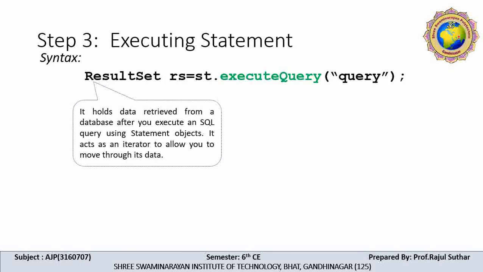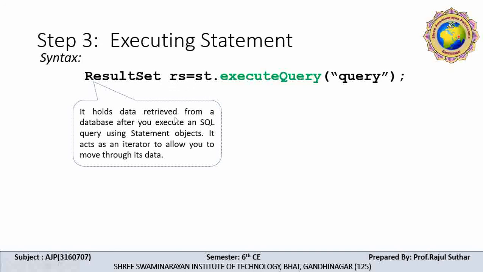Executing the statement. What is the syntax of executing the statement? ResultSet rs is equal to st.executeQuery, in the bracket we write the query, then semicolon. So this is the object created for the ResultSet. rs is nothing but the object.